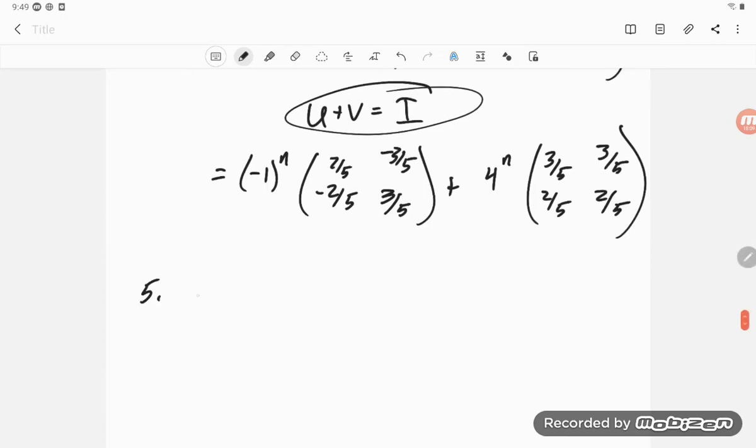And so I'm ready for step 5, where I'm trying to get that sum from i equals 0 to n minus 1 of A to the i.